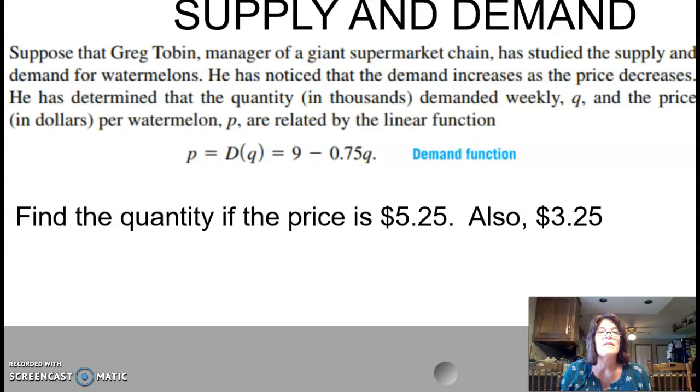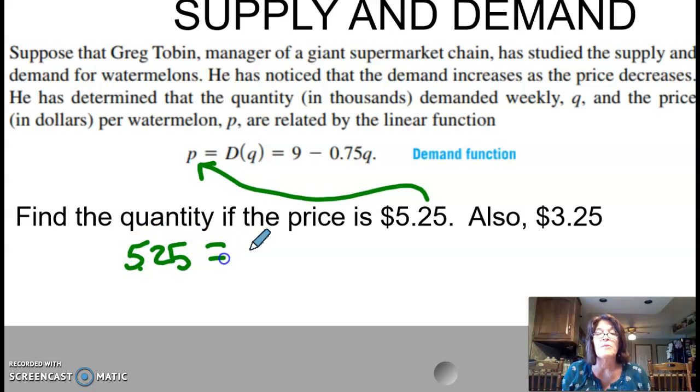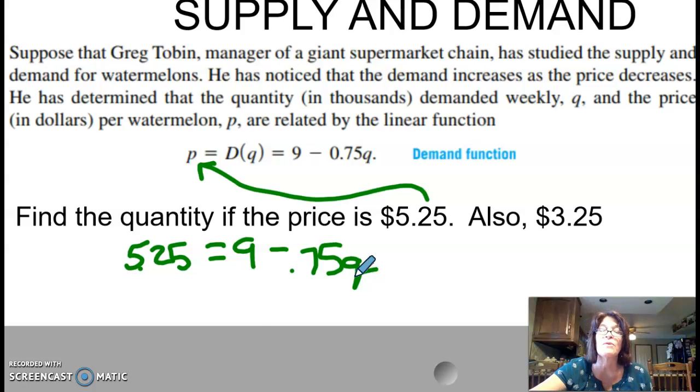All right, so find the quantity if the price is 5.25. We have to be careful, guys. We're putting 5.25 in for the price, not the quantity. We're finding the quantity. So then I have 5.25 equals 9 minus 0.75 Q. Then we're just going to do our math with that: subtract 5.25, add 0.75 Q over here, and divide.